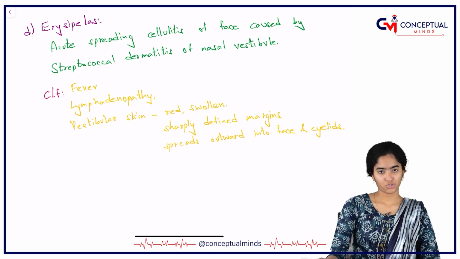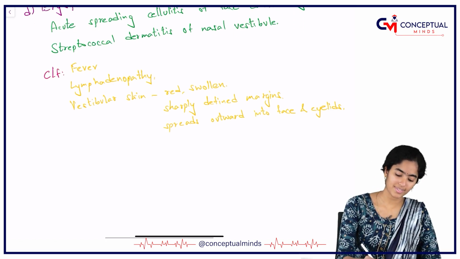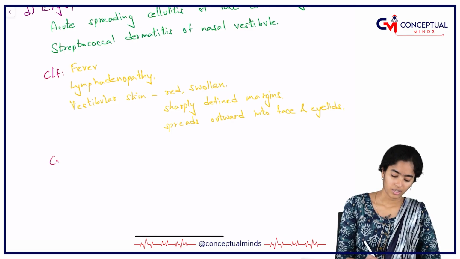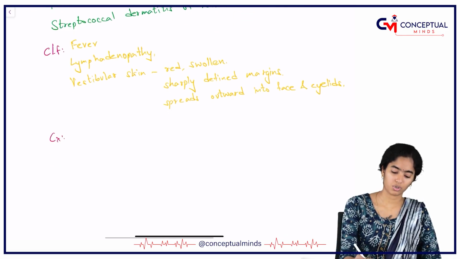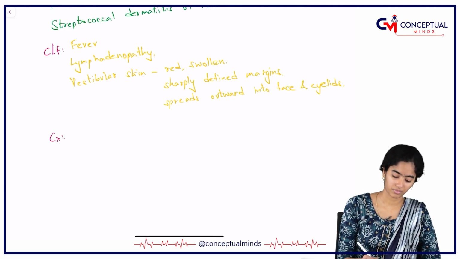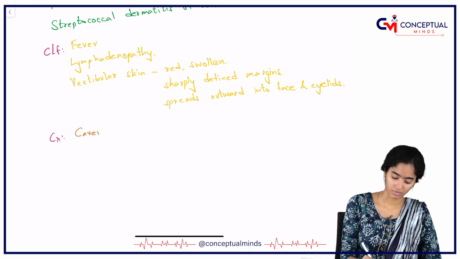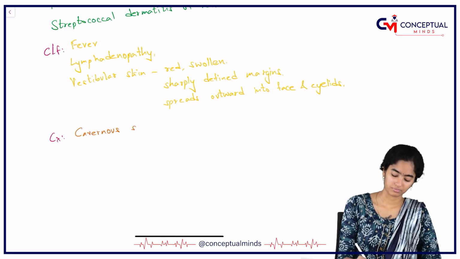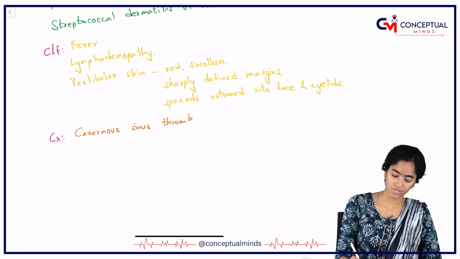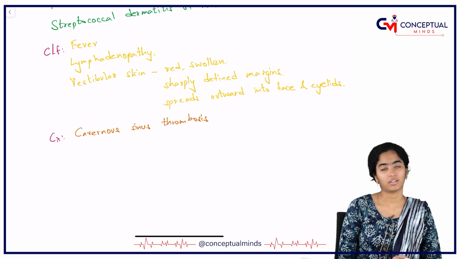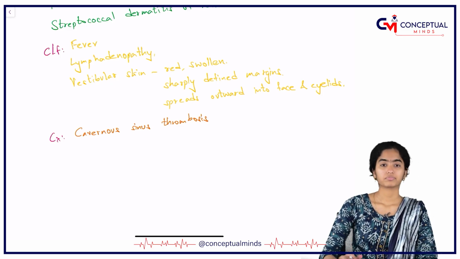And the complication with erysipelas is this can also result in cavernous sinus thrombosis. You will learn in detail about cavernous sinus thrombosis while learning about the complications of sinusitis. Okay?